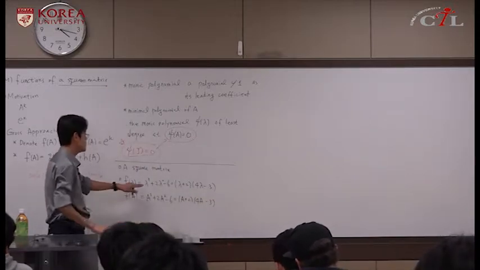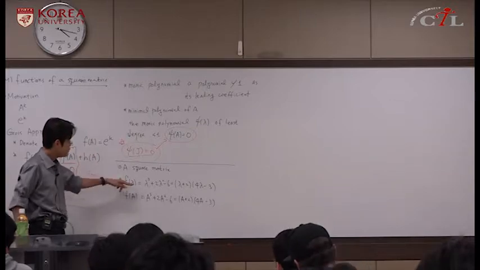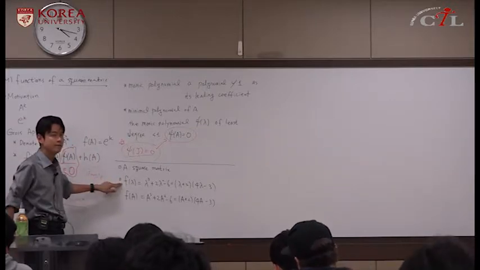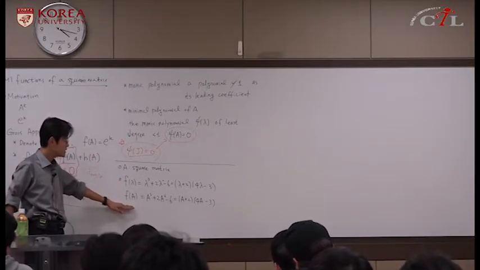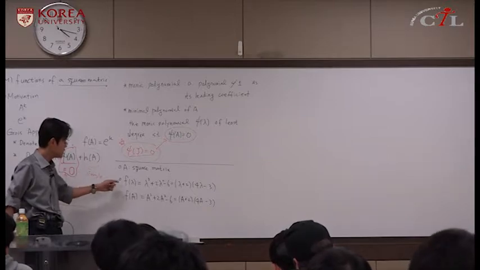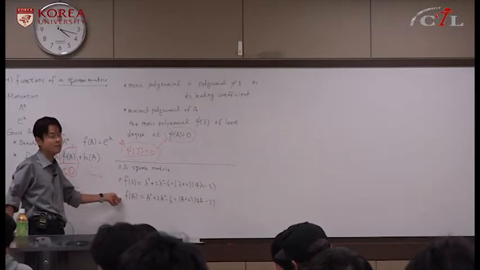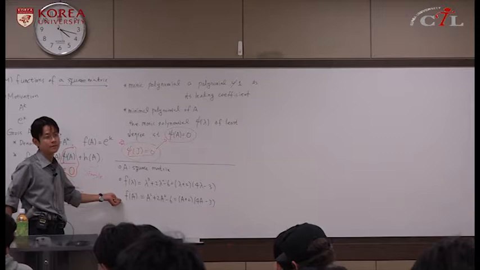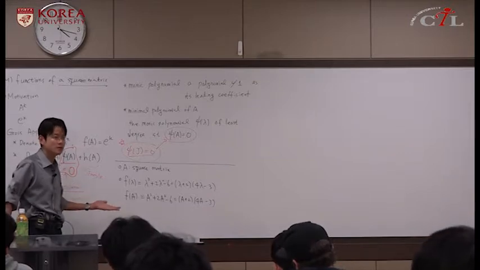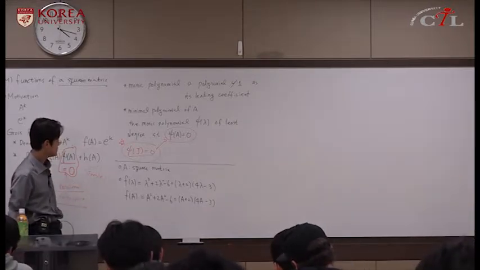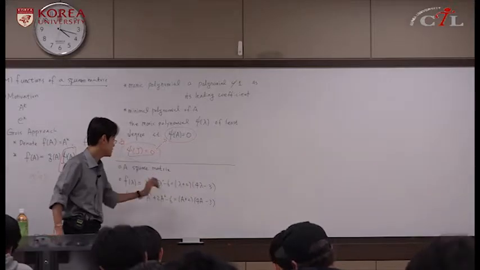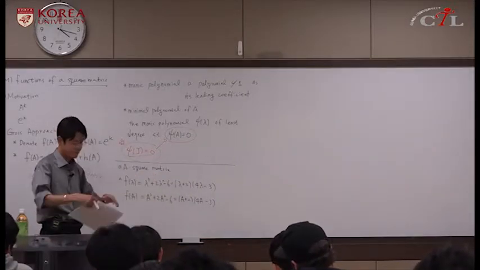So given any polynomial function, this is familiar. But this kind of polynomial matrix is not familiar. But let's say it can be written in this way. It's our choice, so the letter could be anything. I just wrote this, but it could be anything.